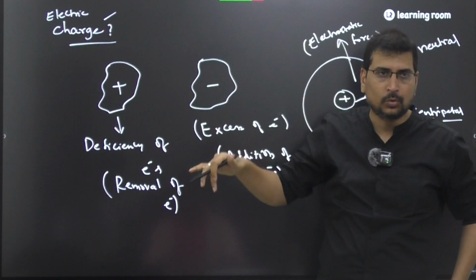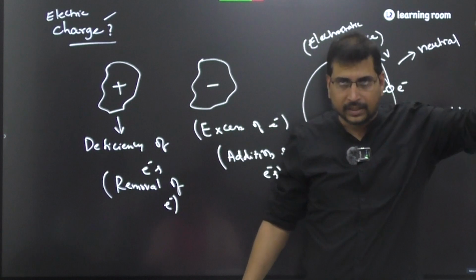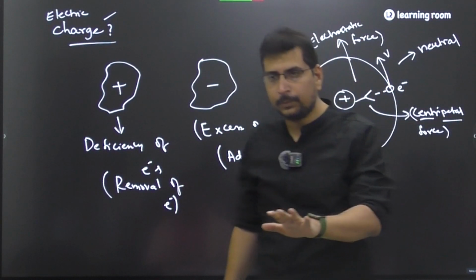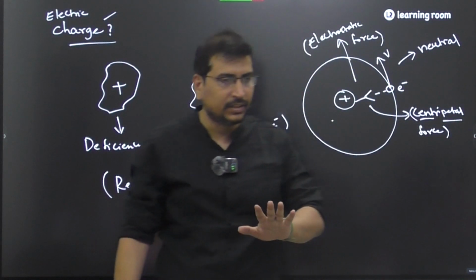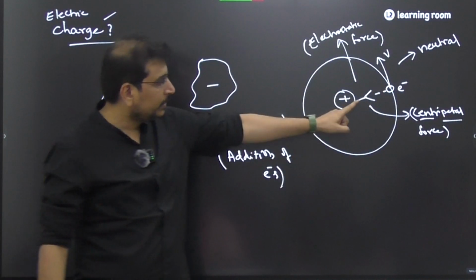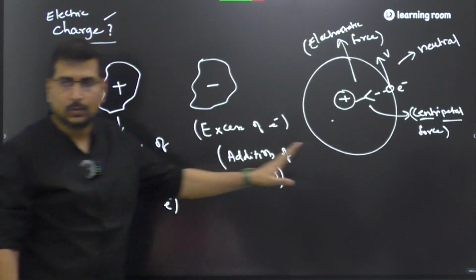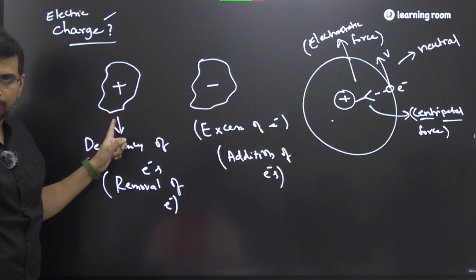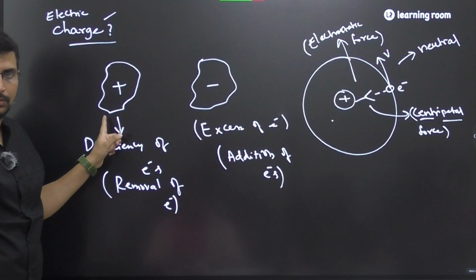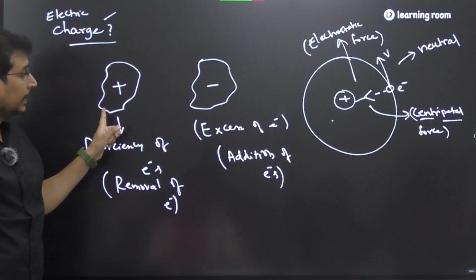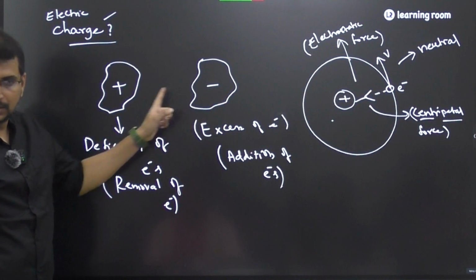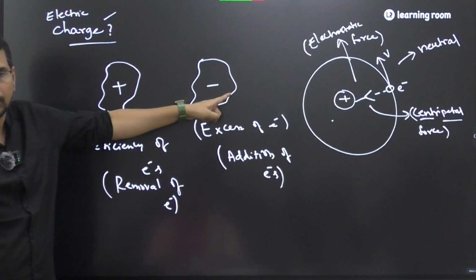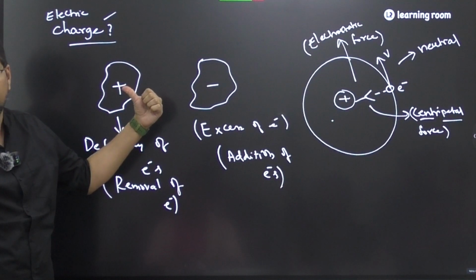No. It will try to release the excess energy and come back to the ground state. It will always try to be stable. That is the basic nature of science. Here it is stable. What about this? Is this going to be stable? What will it try to do? It will try to search for the negative charge and pair with it. What about this one? It will try to do the vice versa.